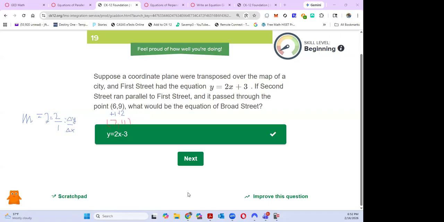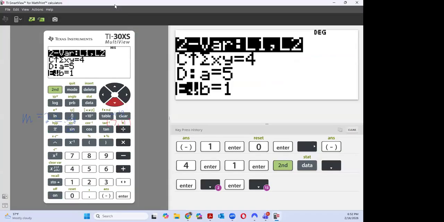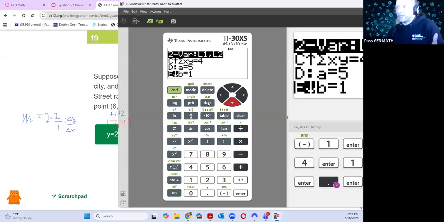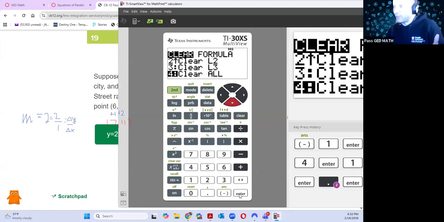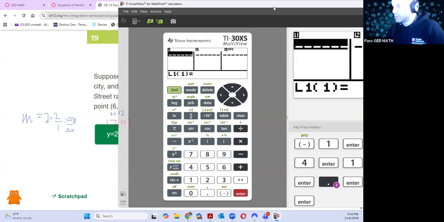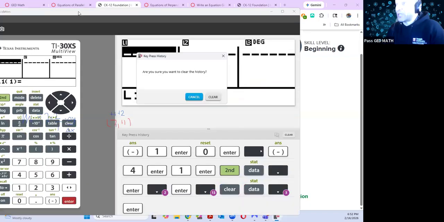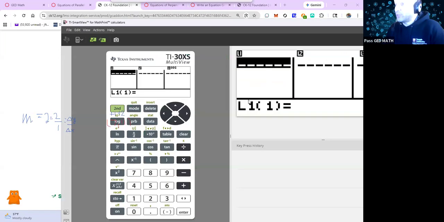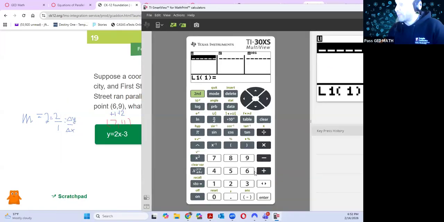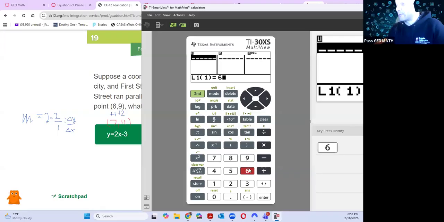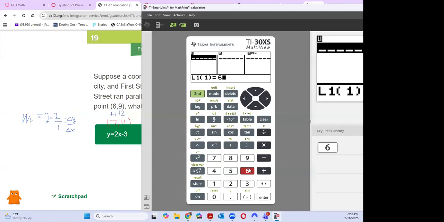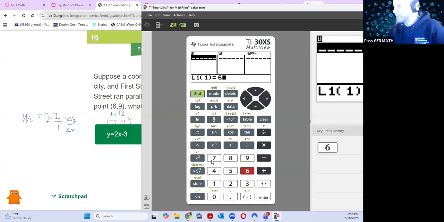And I'm going to go grab my calculator. Now, I need to clear everything out. So I'm going to hit clear, I'm going to hit data, and clear everything out because I'm going to start from scratch. In my first column, I'm going to put my two x's. What are my two x's? 6 and 7. 6 enter, 7 enter.